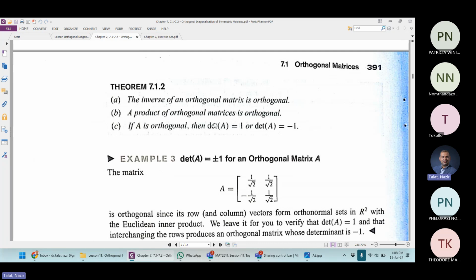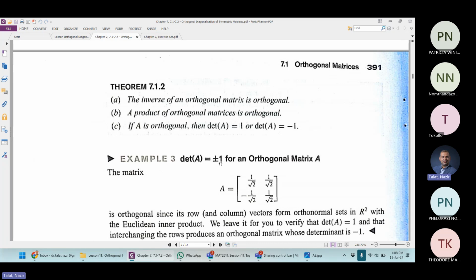This also has some useful applications. And remember that the transpose of an orthogonal matrix is also orthogonal, and so is the inverse, because the inverse is equal to A transpose, and hence A transpose is also orthogonal.